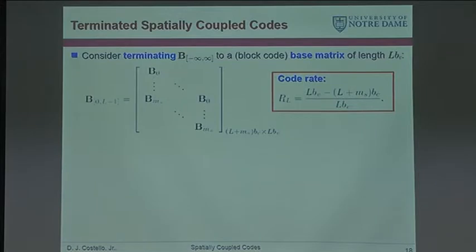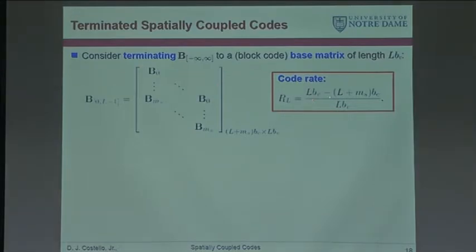We had to put some input bits into the encoder to drive it back to the all zero state. And when you did that, you actually lost a little bit of rate, because those bits that you had to put in were not information bits. They had to be certain bits in order to get you back to the all zero state. It's a similar thing here. So there's a rate loss associated with this termination process.